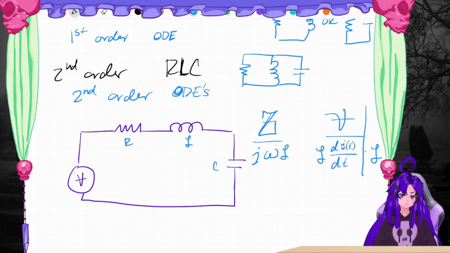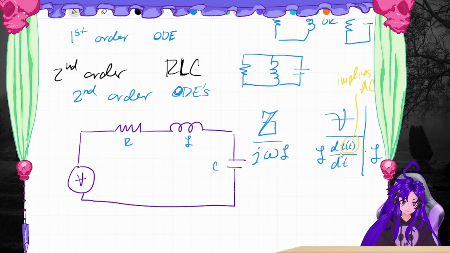So when you see lowercase i as a function of t, it means AC. Just expect that this implies AC. However, it doesn't have to be, but generally, if you're going to do derivatives or integrals, it expects to have a function. So you've got that.